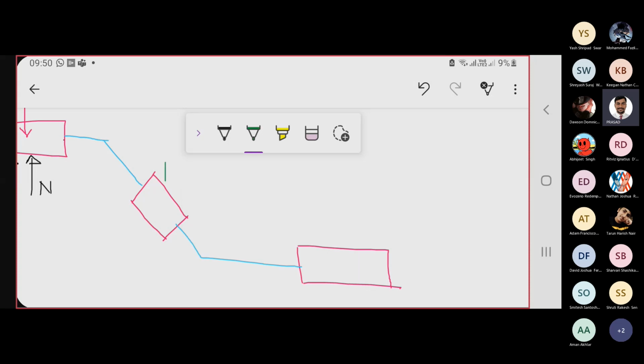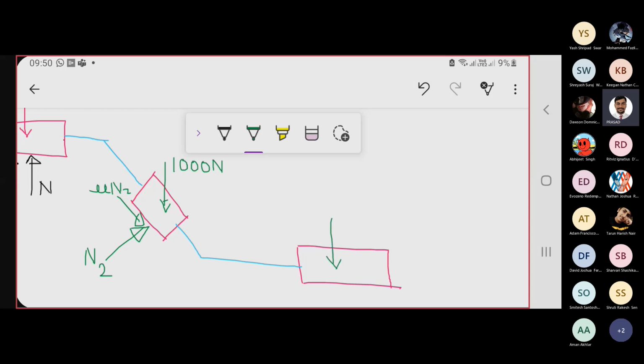Then this is 1000 Newton acting downward. Frictional force will act in the opposite direction, mu N2. Let's say this is N2.